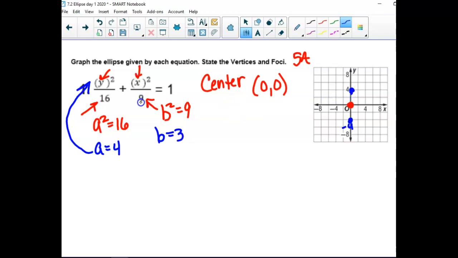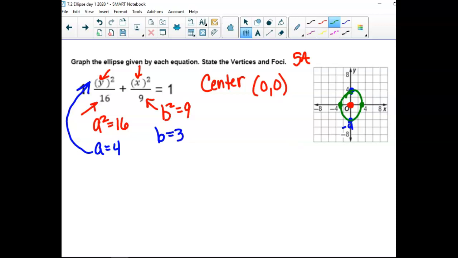And in the X direction, B is 3, so we're going to go out 3 units this way and 3 units this way, which is a little bit less than 4 right there. Yeah, I don't know why they had to count by 2s, but okay, so it shouldn't look circular, it should look a little bit stretched.